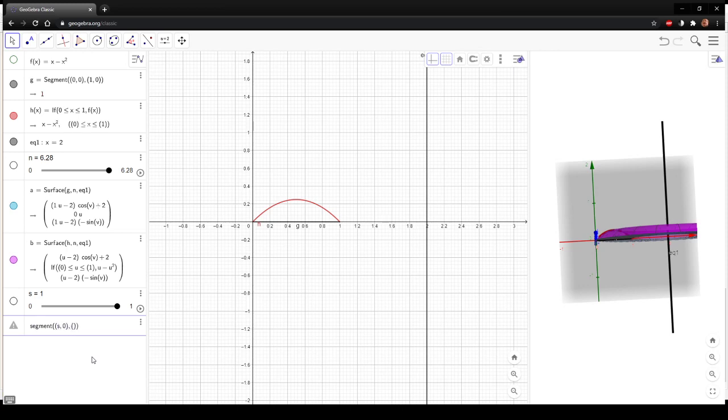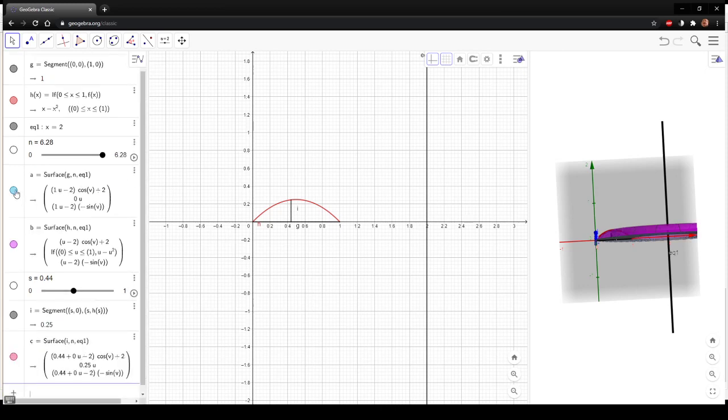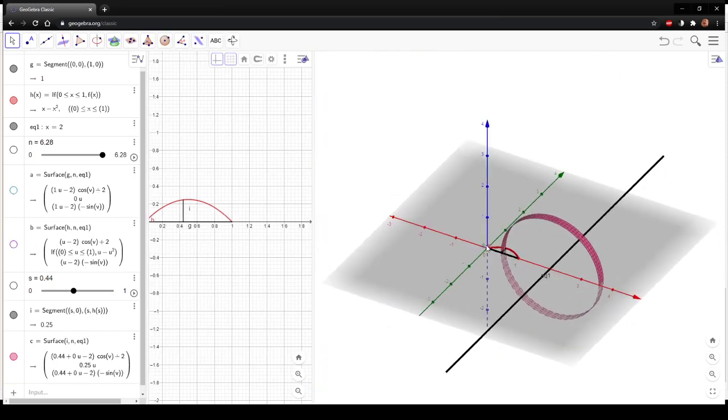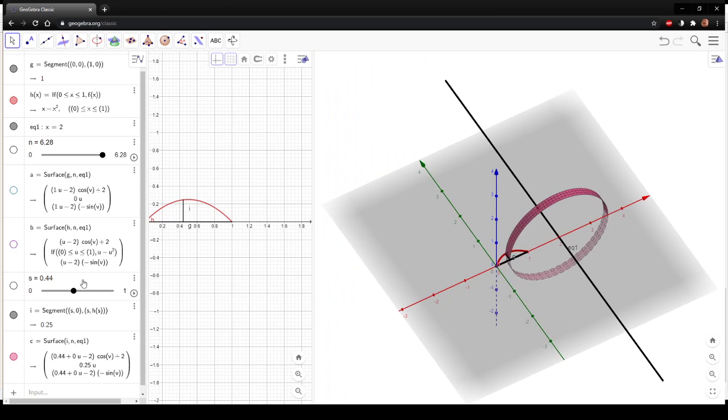So connect s comma 0 to s comma where the parabola is at, h. H is what they're calling it. So there's our slices. And there's our cylinders. This is really great. I've never used GeoGebra to such an extent before.